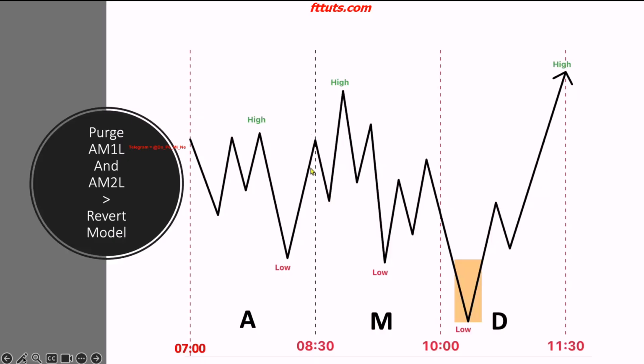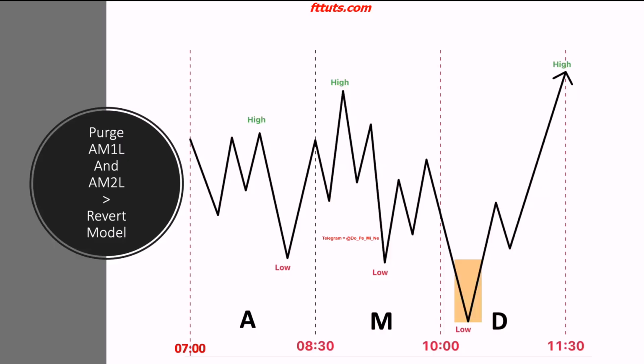Then during 8:30 to 10, the market creates a higher high relative to the previous cycle's high, and it then falls lower. But notice that equal lows are being engineered right here. This is the engineering of sell side liquidity, but not just any sell side liquidity. No, it's engineering of 2 cycles worth of liquidity.